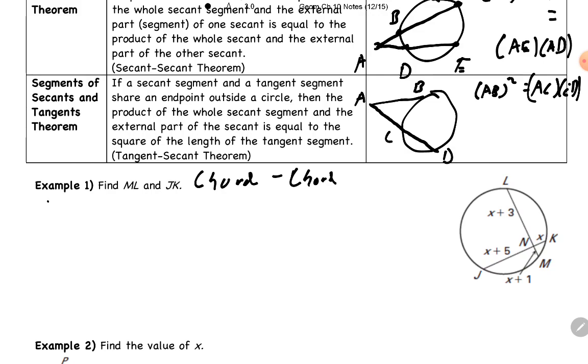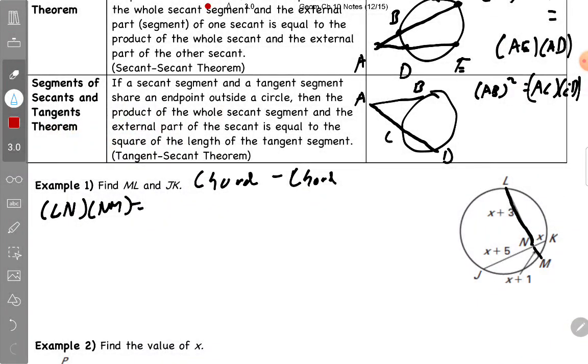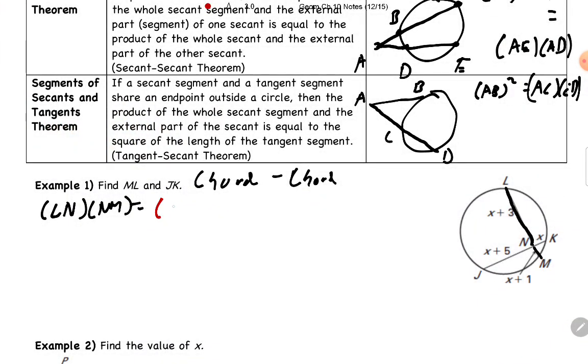I'm going to say LN times NM, so that's this line here, is equal to, I guess we'll use a different color, JN times NK.